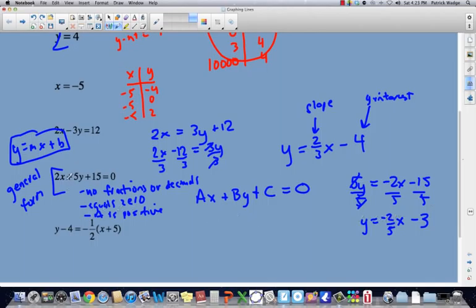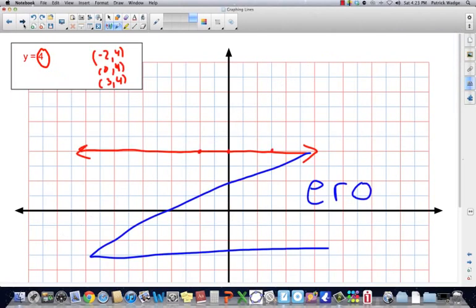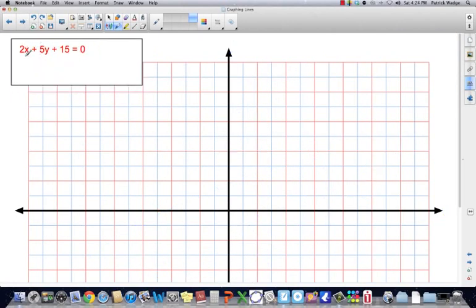Or the other way you could do it is you could very quickly turn this general form equation into this form here. This form doesn't really have a name, but you could move the constant to the other side. Let's go to the actual page and do that. I'm going to move the constant 15 over. So I get 2x plus 5y equals negative 15.